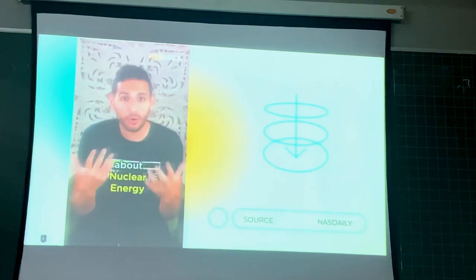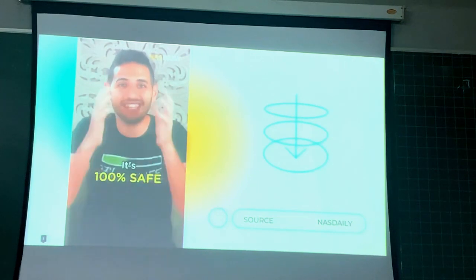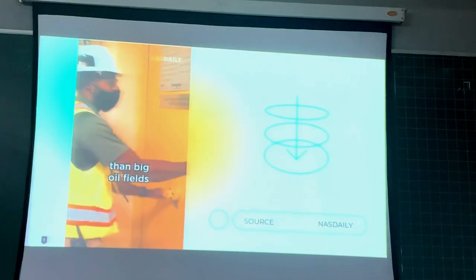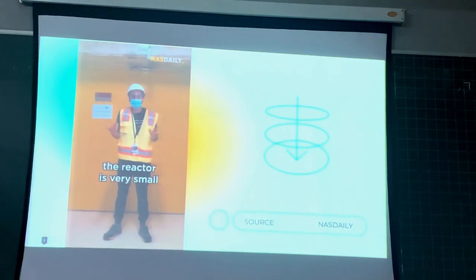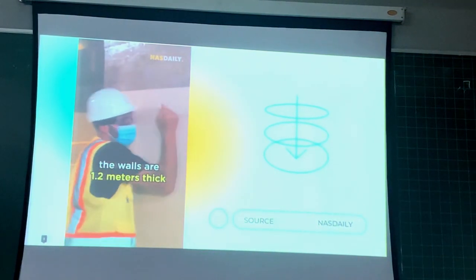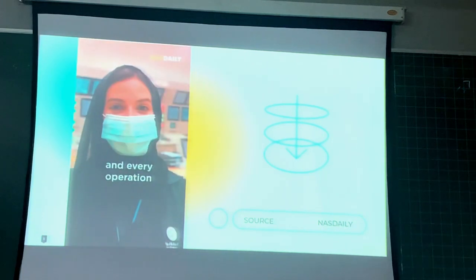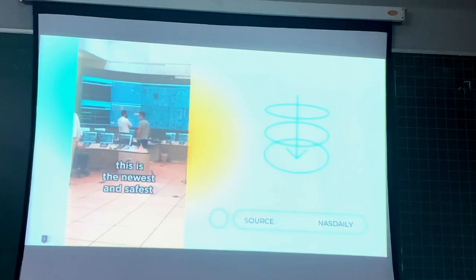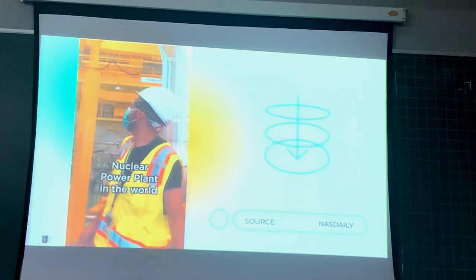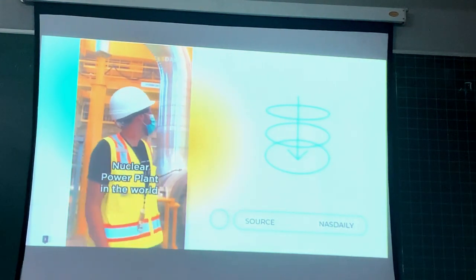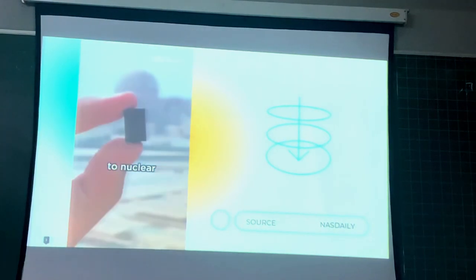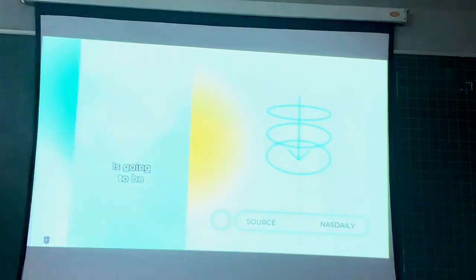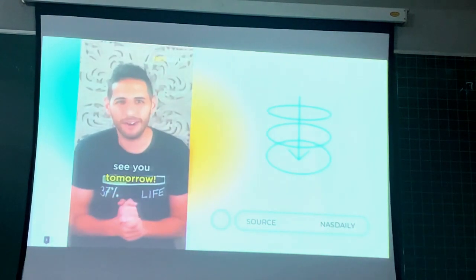The best part about nuclear energy, it's 100% safe, 250 times safer than big oil fields. The reactor is very small. The walls are 1.2 meters thick. and every operation is tested 25,000 times. This is the newest and safest nuclear power plant in the world. From wind to solar to nuclear. I am excited because the future is going to be green. That's 1 minute. See you tomorrow.